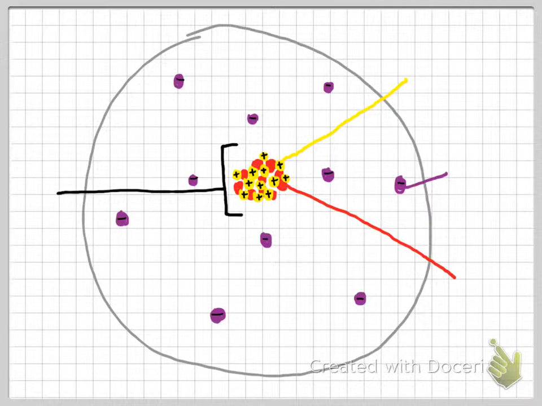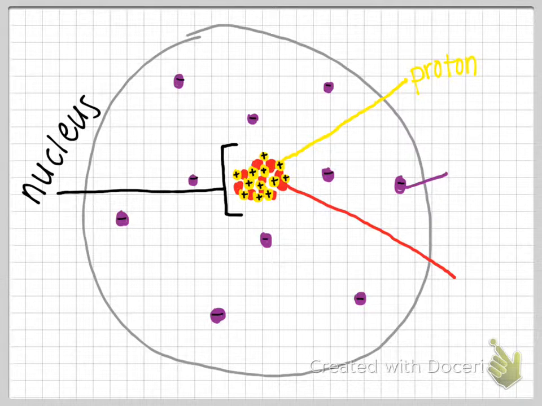I drew a diagram here for those of you that want to see where those subatomic particles are located. So the middle section is the dense core. That whole thing is the nucleus. And that nucleus, we said, is made up of protons and neutrons. The protons are the ones that have the positive charge, and so those are the ones that I drew in yellow.